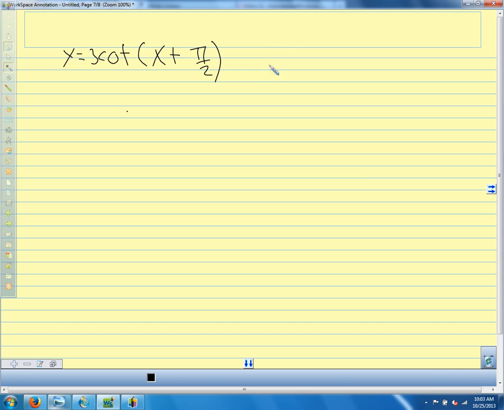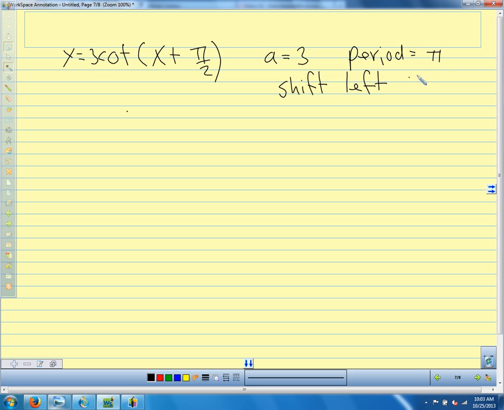So we know that a equals 3, b is 1, so our period is just pi. And this pi over 2 is going to do what to our function? Shift left by pi over 2.